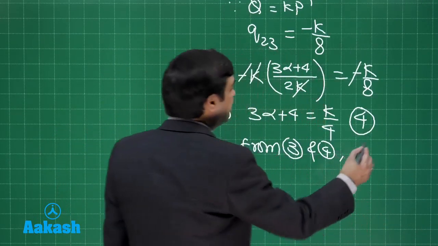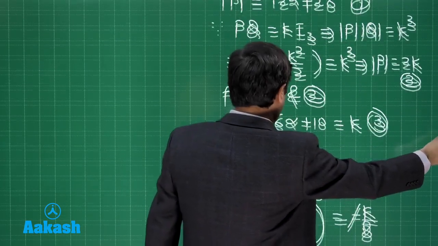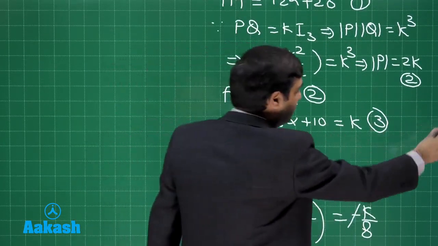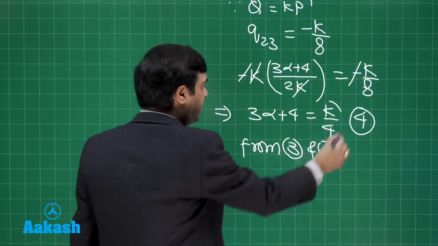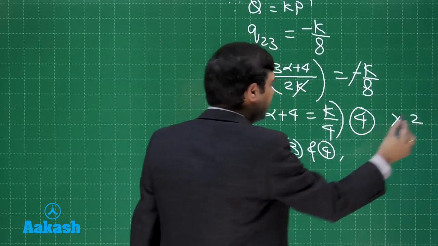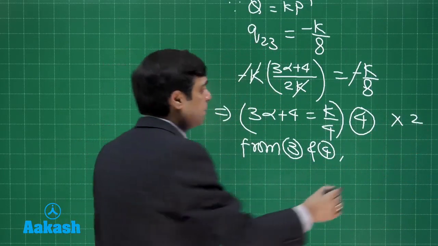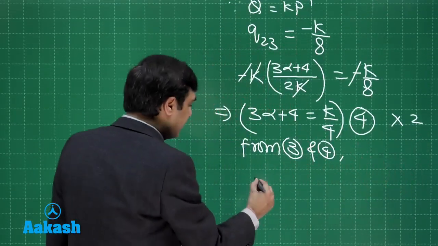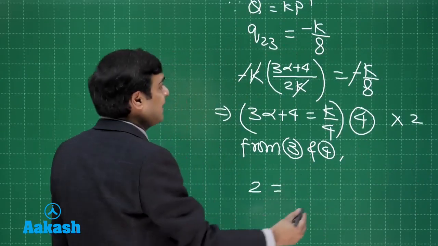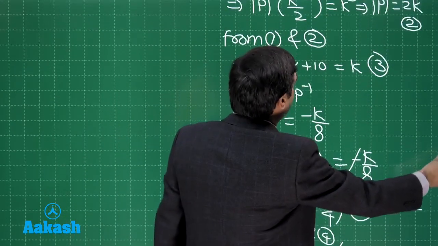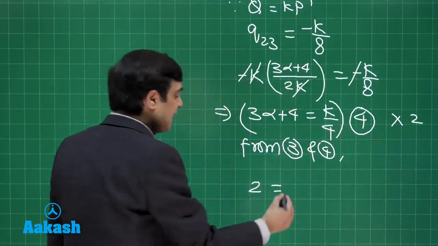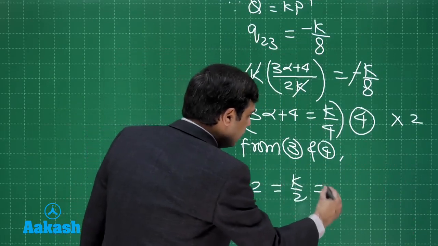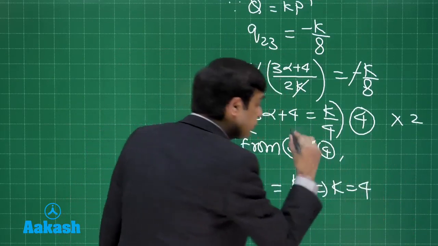Just see. Equation number 3 is saying 6 alpha plus 10. Here you have 3 alpha plus 4. So let's multiply it by 2 and simply subtract. On subtracting, you will be getting 10 minus 8, that is 2, is equal to k minus k by 2, that is equal to k by 2. So the value of k is coming as 4.